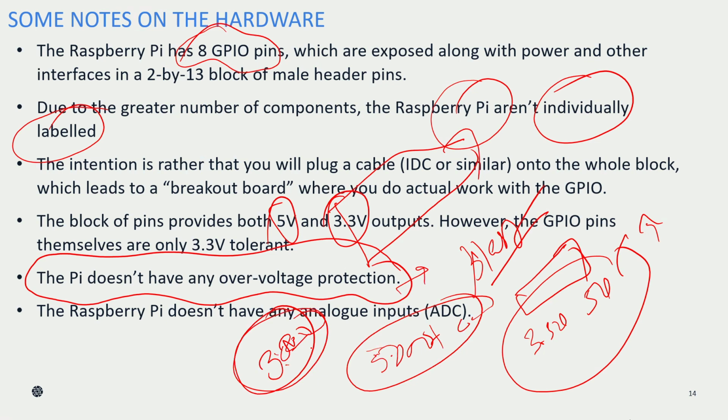Be careful while you are giving the power supply. And one more drawback here is that there is no A to D conversion. Analog to digital conversion is not there inside the Raspberry Pi. Like your Arduino, in Arduino you have a 10-bit resolution ADC pin.